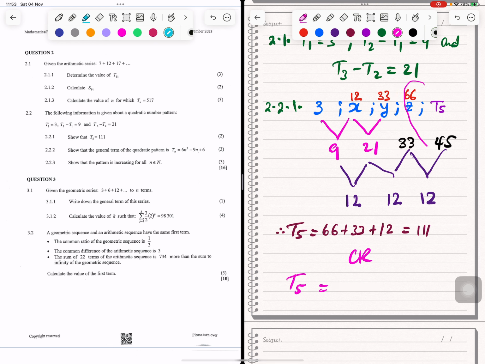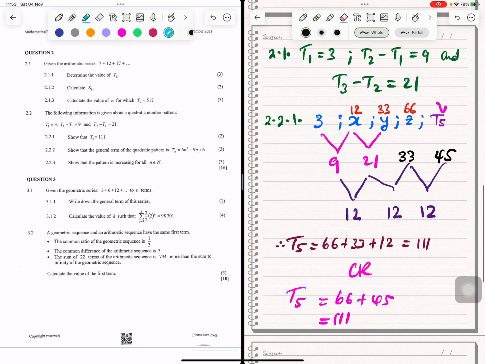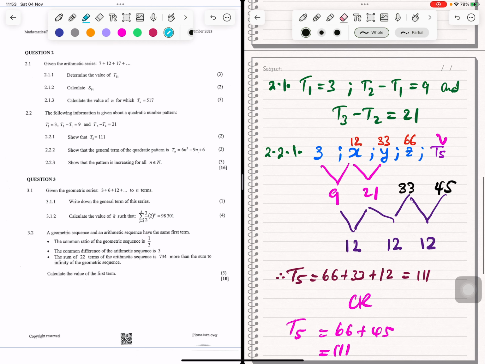It has to be these two because they amount to the next term. So you say that it's 66 plus 45, and you are going to get 111 as well. So there are many ways to do this question. Actually, it wasn't really that bad. Now we have shown that T5 is equal to 111.